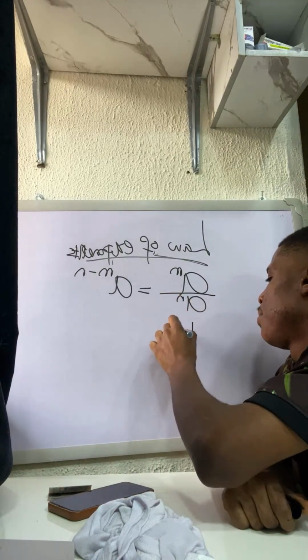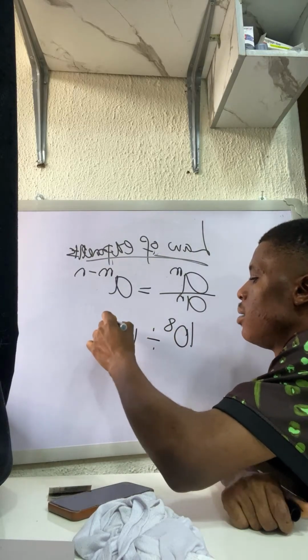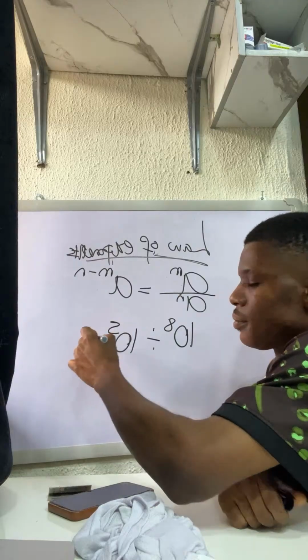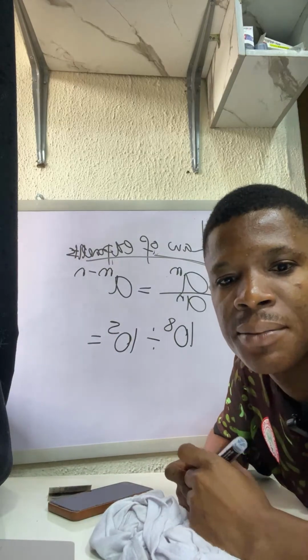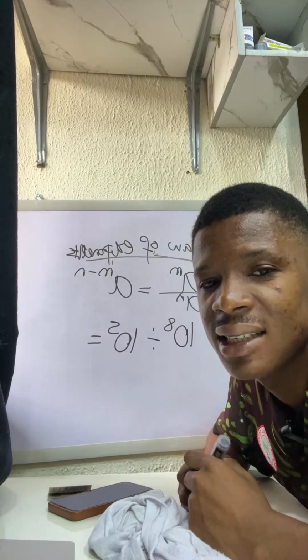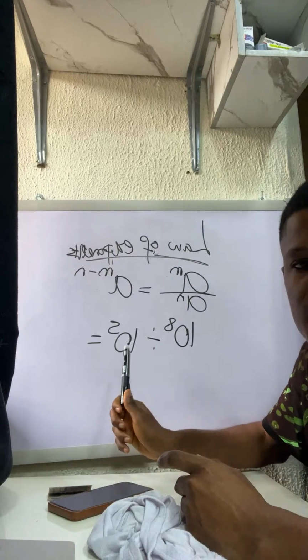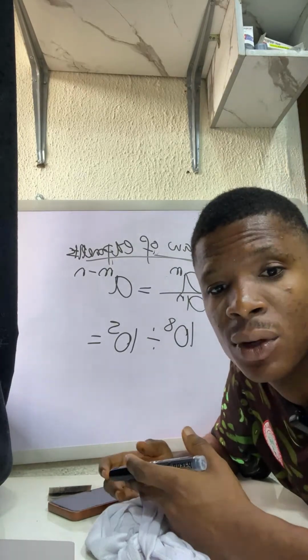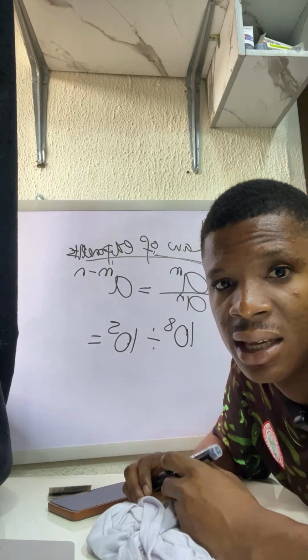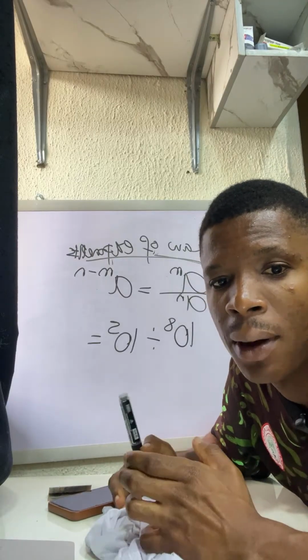Let's look at 10 power 8 divided by 10 power 5. When you have 10 power 8 divided by 10 power 5, this is exceedingly simple. All you have to note is that the bases are the same. In exponent, whenever the bases are the same, all you have to do is simply subtract the powers.